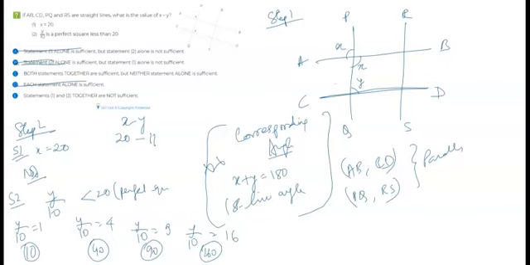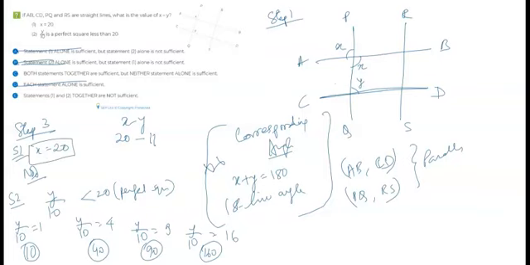And by the way, you could have ignored this statement directly by saying that even if by chance we are able to figure out y, we'll still not be able to find the value of x. So you could have just discarded it and jumped to step 3, which is combining both these statements. Now let's combine them. We know x is 20 and we know y is one of these 4 values.